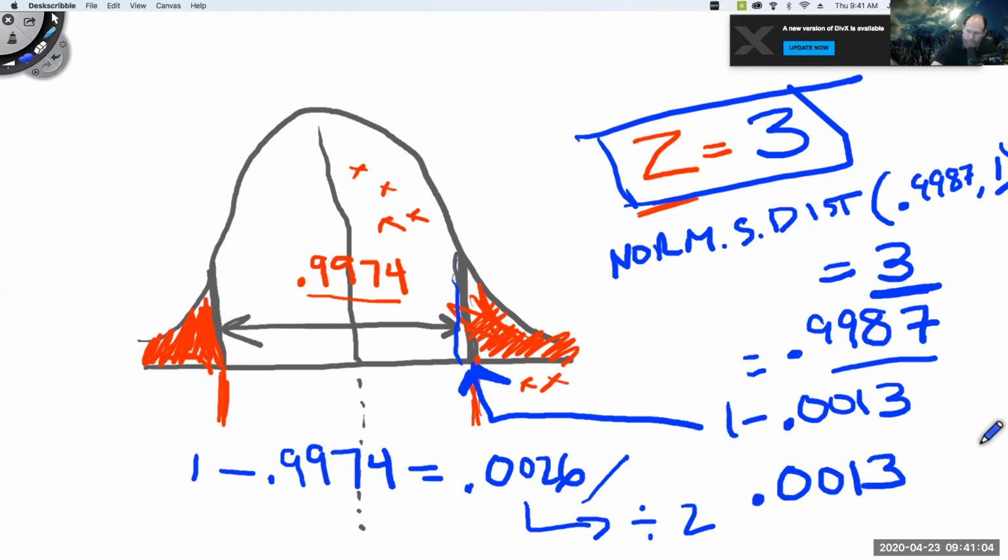Now, on X charts and R charts, to do an R chart, I have to use what I call the A2, D3, D4 table. And that chart is only built for 3 sigma, which is essentially this percentage right here, which gives me a Z of 3.